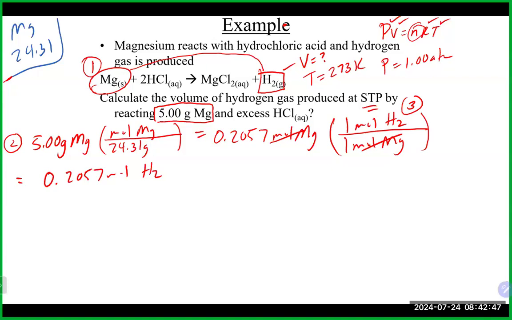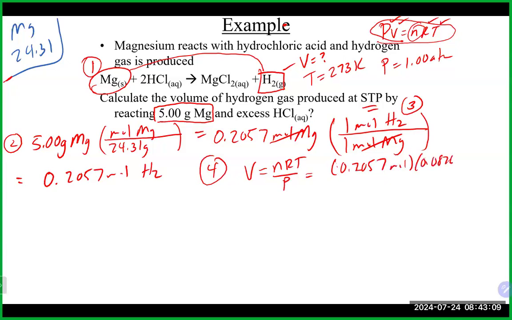This again is sort of where gas stoichiometry deviates a little. We're now going to use our ideal gas law to solve for what we're looking for, which is our volume, which would be nRT divided by P. Putting in our numbers there, 0.2057 moles, times 0.08206 for our gas constant, times 273 Kelvin, divided by our 1 atmosphere in this case.